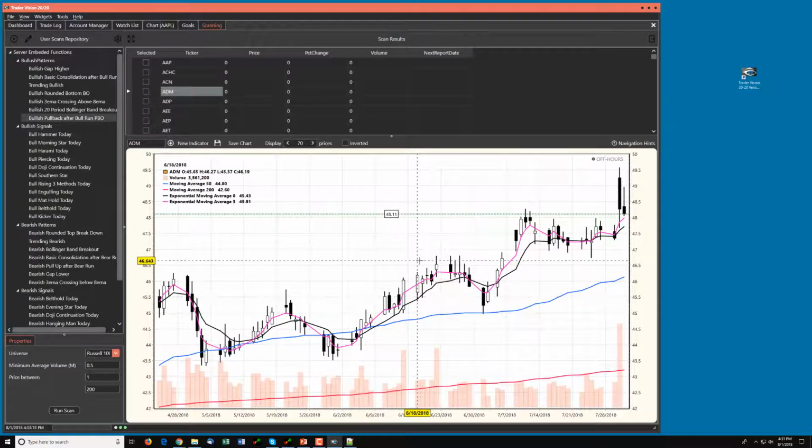Everything from setting your goals to finding your trades, charting, planning your trades, managing your trades, analyzing your performance afterwards. Everything soup to nuts. And it will be integrated with your trading account.